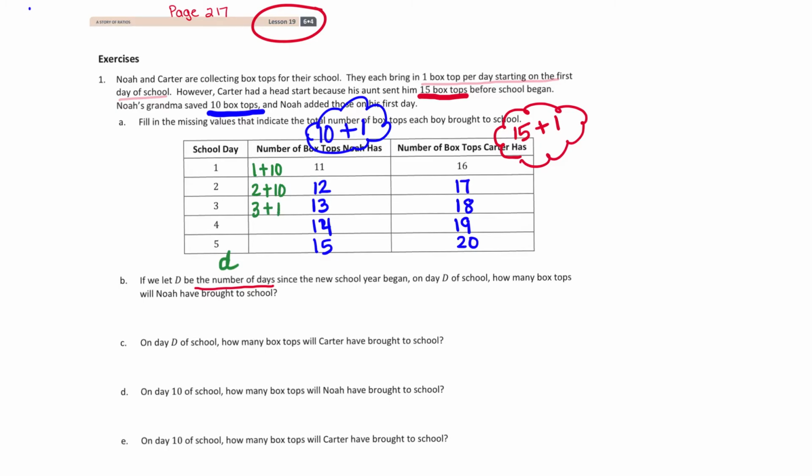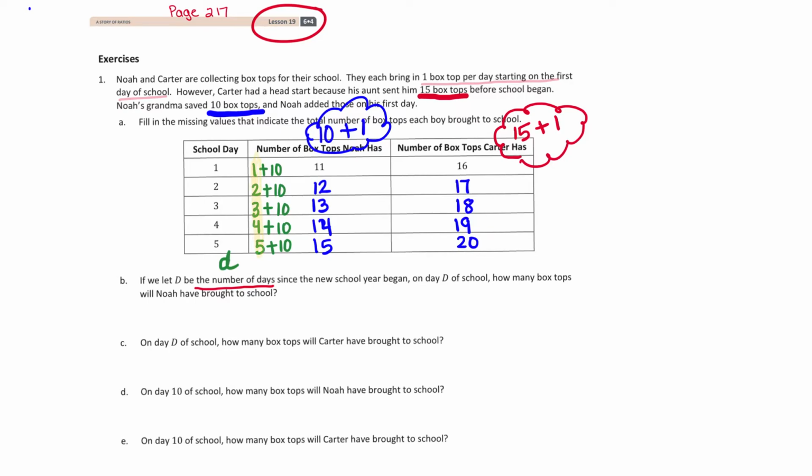I know this is not part of your table, but it's really going to help you see how we got the numbers for each one, for Carter and for Noah. In this pattern, the information that doesn't change is the number of box tops they were given, because that was a one-time given. And the number that keeps changing is the number of days.